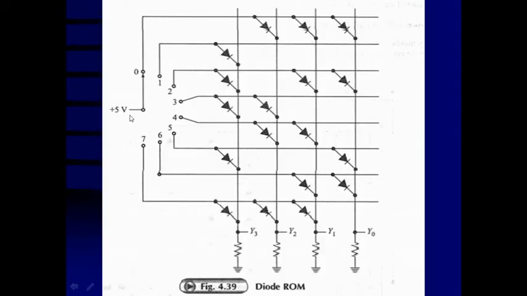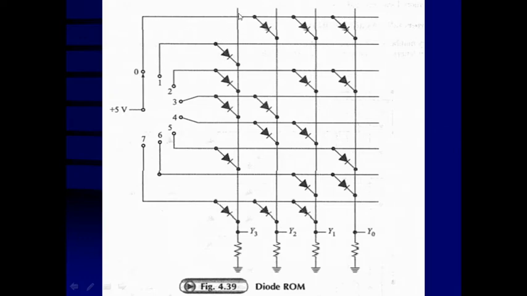Now you can see in this circuitry, here is the rotary switch. This is the center position. The center contact is where plus 5 volt is connected. When this rotary switch is in position 0, this line is going to be activated. This plus 5 volt is connected to the 0 line, and this horizontal line is with the plus 5 volt.